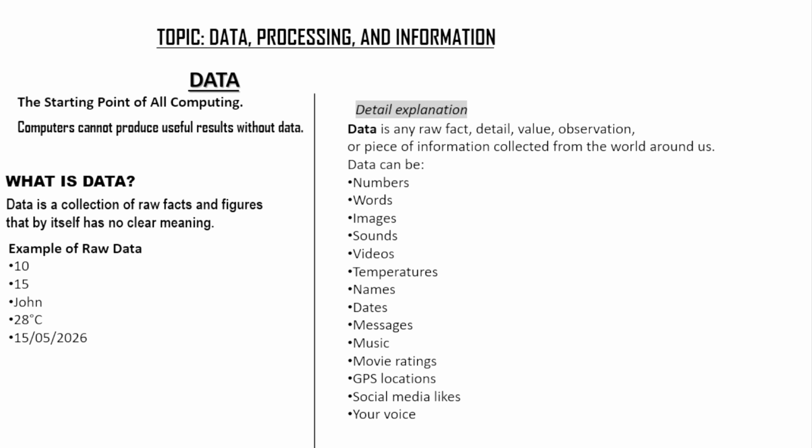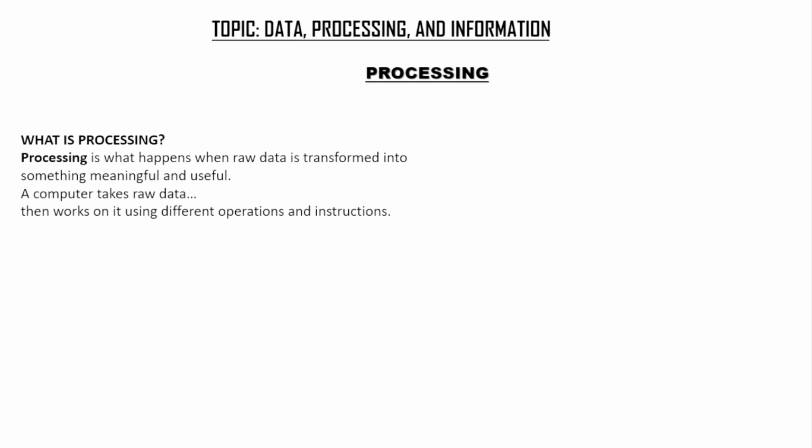So the important thing is that data by itself is usually just raw facts, like I said earlier. Earlier we learned that data by itself may not have clear meaning, but computers don't just store data, they also process it, and processing is what transforms raw data into something useful.